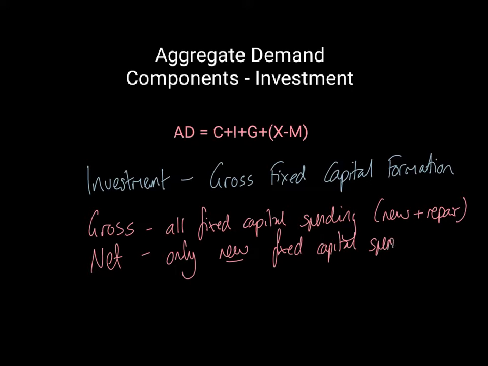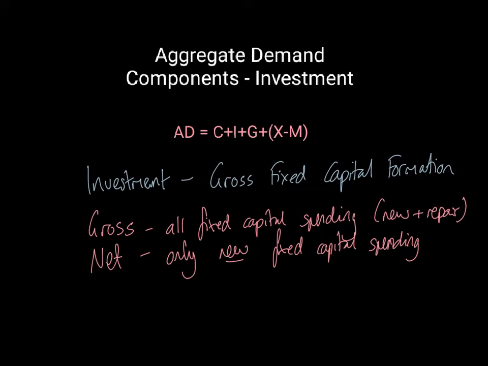When we are thinking about the I component, we are thinking about this gross figure. The net one is going to be very important when we think about development economics in the second year. One of the big challenges of developing economies is that they may not have enough investment finance available just to repair what they've got. That means they have no net investment taking place within the economy.